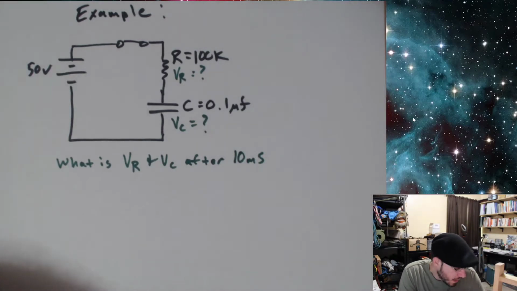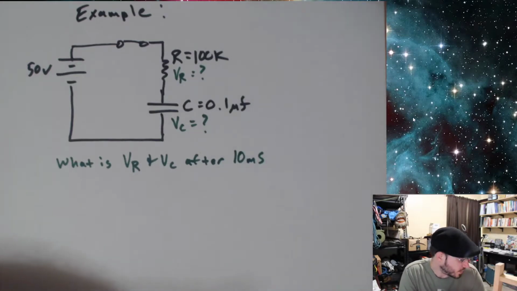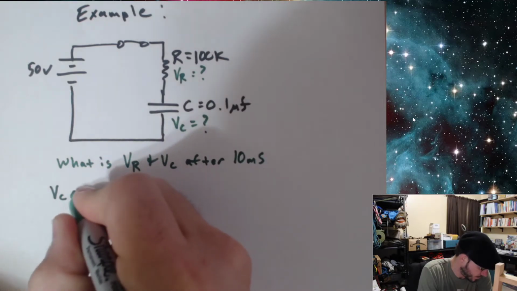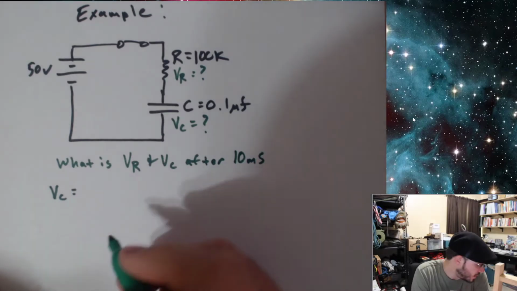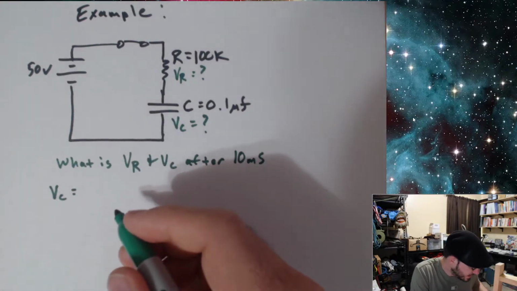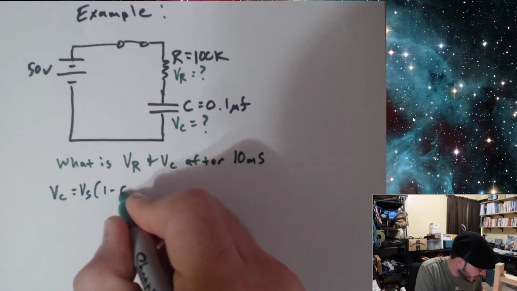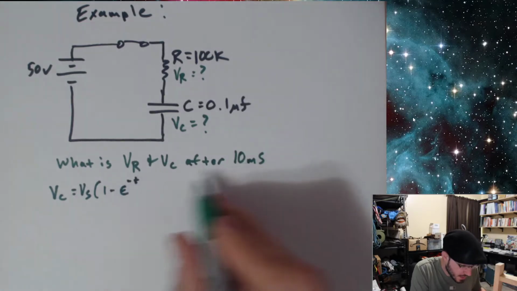Okay, let's go ahead and solve for the voltage across the cap. We know that given that formula previously, V sub C is going to be equal to V sub S times 1 minus epsilon raised to the minus T. T is for time.